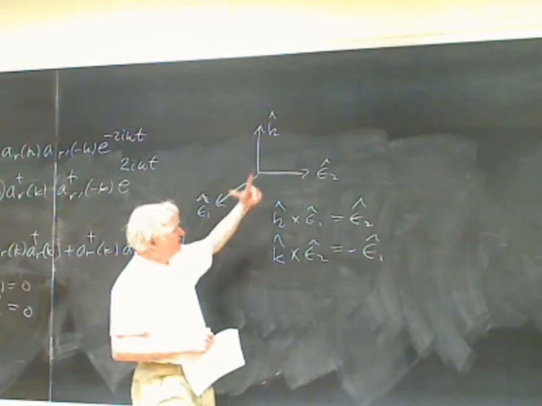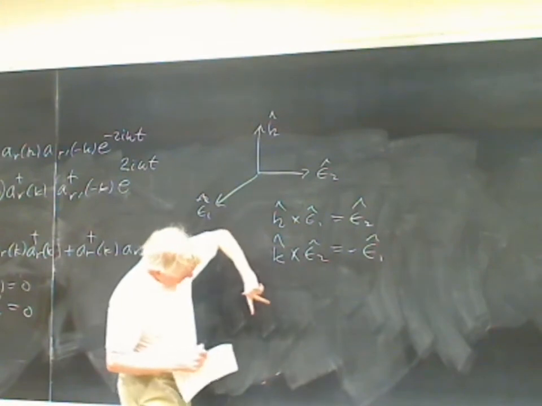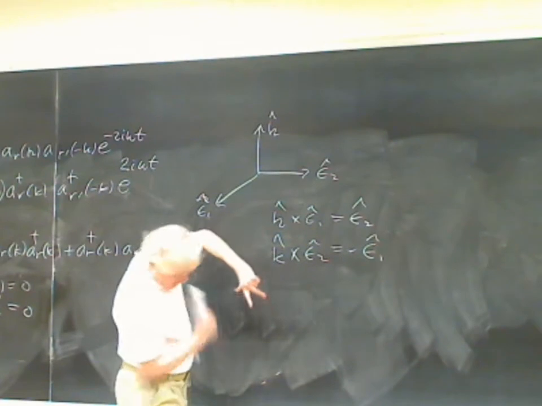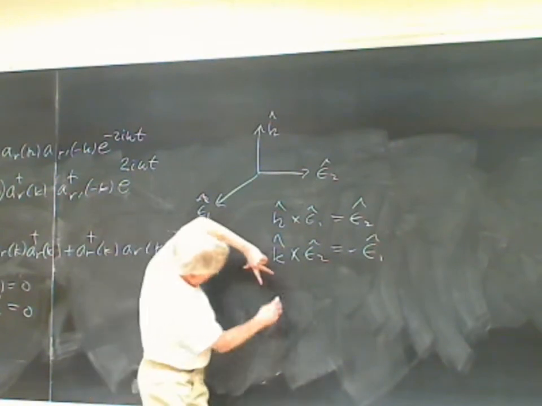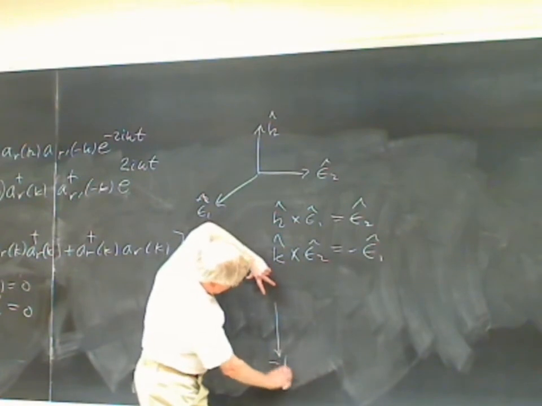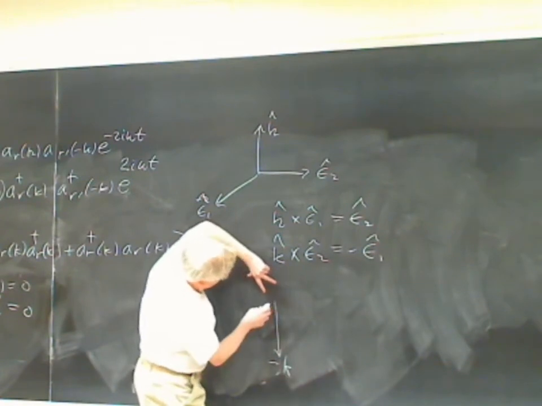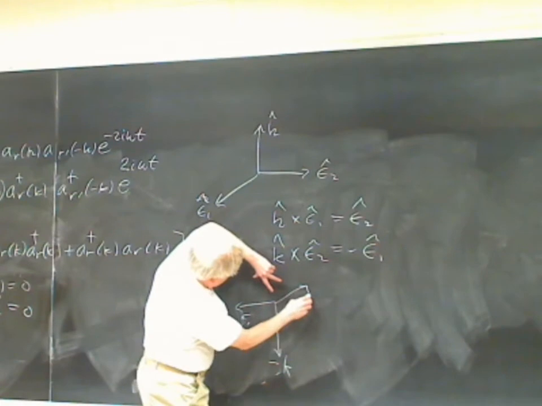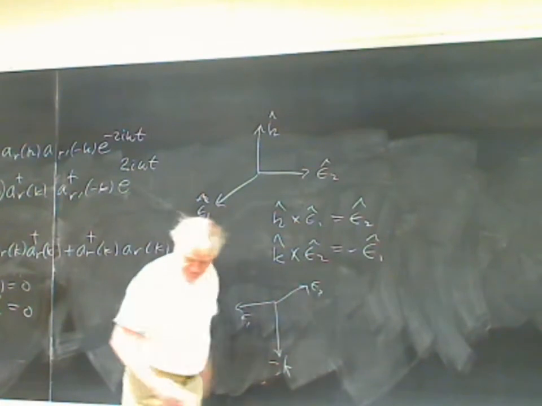We now go to the minus direction. It looks like that. So 1 is going this way. So it looks like this. K is going this way, or minus k if you want. Epsilon 1 is sort of this way, and epsilon 2 is going that way.